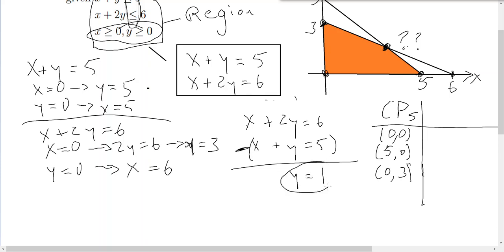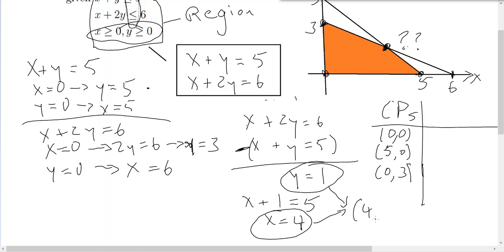So that immediately gives me y equals 1. But if y is equal to 1 and x plus y is 5, then x plus 1 is 5, which tells me that x is 4.